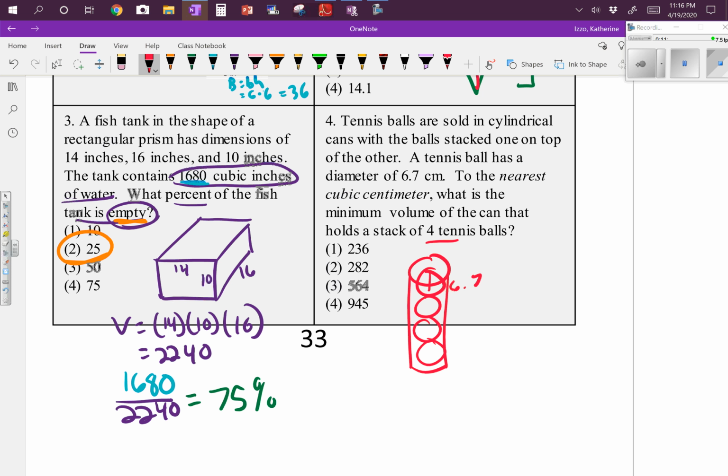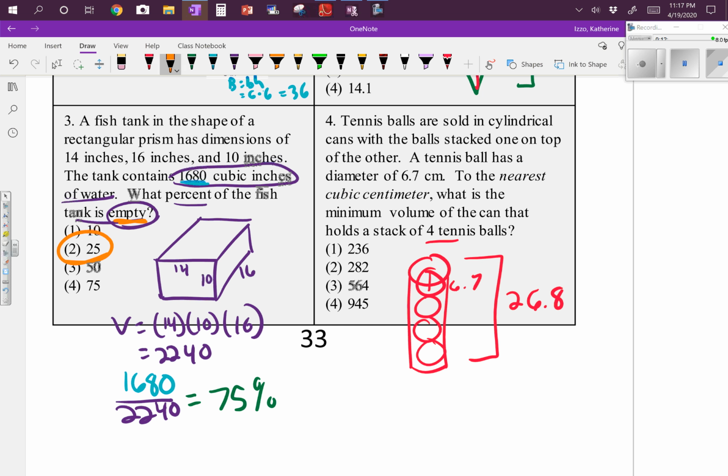So 6.7 for just that one tennis ball. And we need to figure out the volume of the can. Okay, well, if that's 6.7 for one of them, and there are 4 of them, that gives us 26.8.